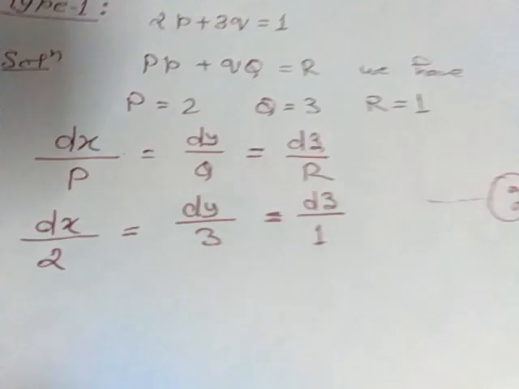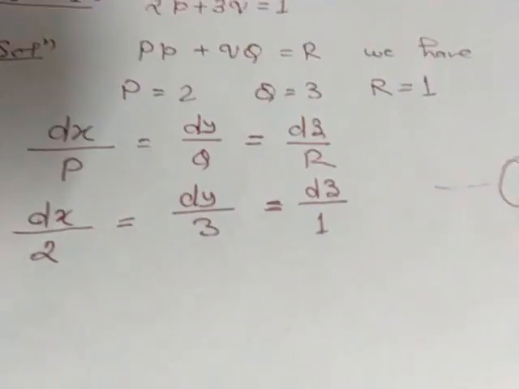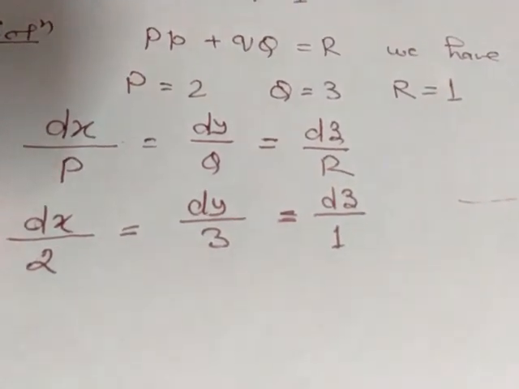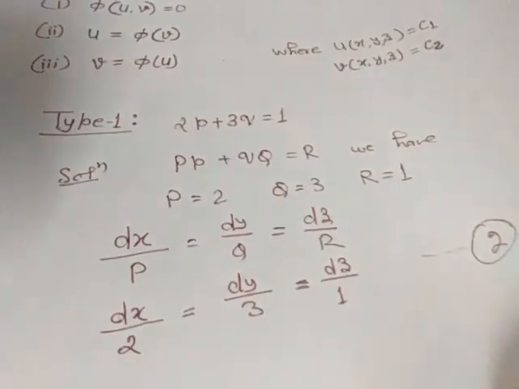Now this equation 2 can be solved by taking the first two factors. On taking the first two factors, we get dx upon 2 equal to dy by 3.